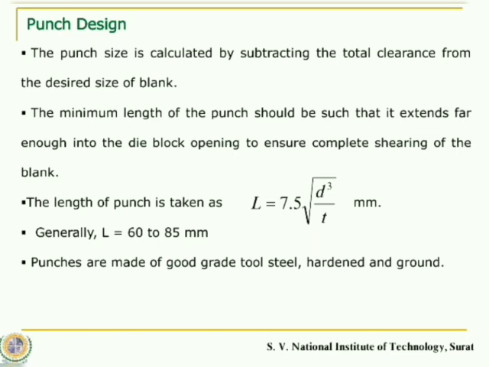Now, if for any condition the value of L comes out to be 55, then in such a case, we would prefer to select at least 60 mm length. Hence, for any length based on the calculation which comes below 60, a minimum of 60 mm up to 85 mm is preferred. Punches are generally made up of a good grade of tool steel, hardened and ground.